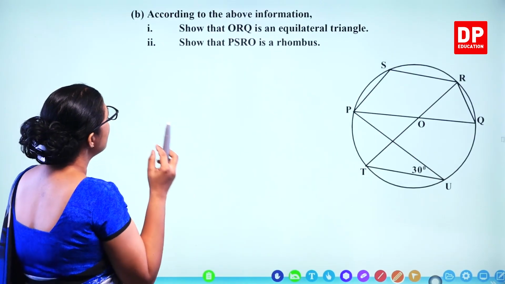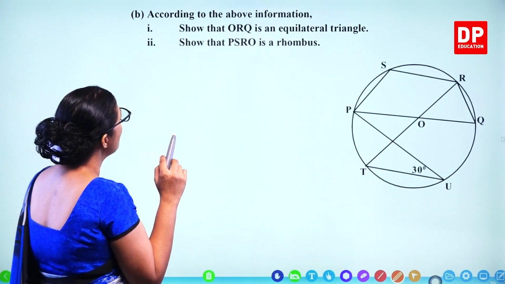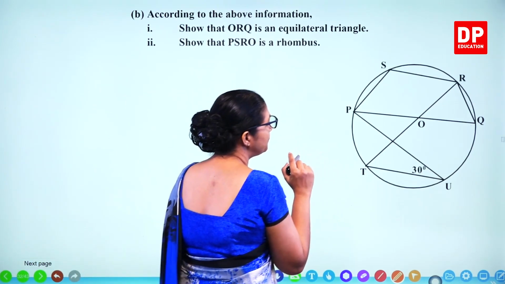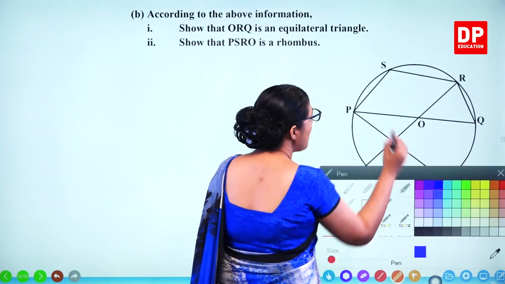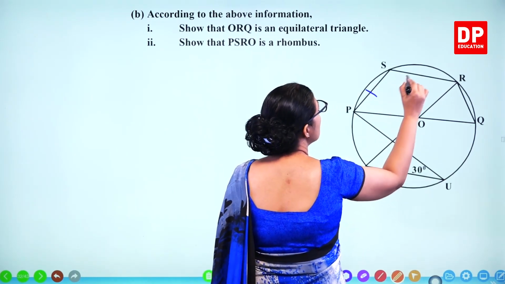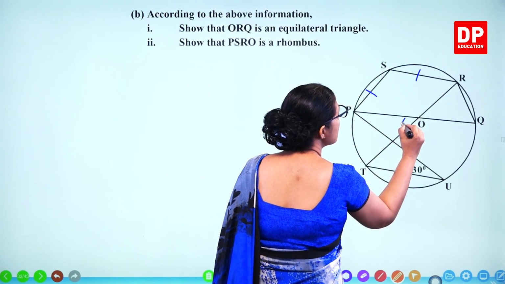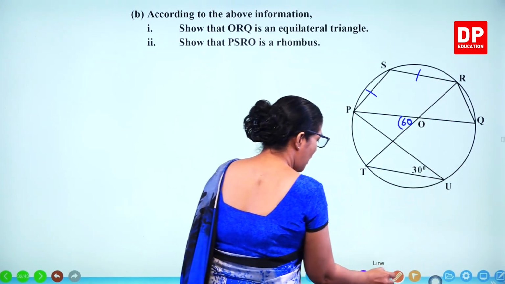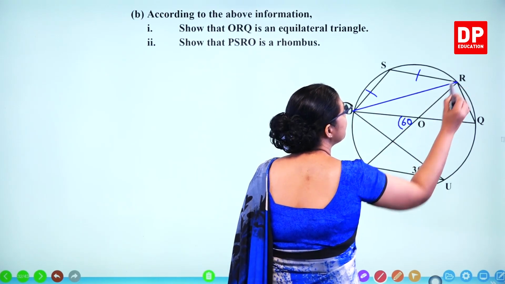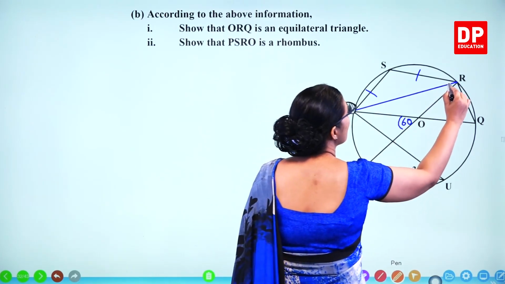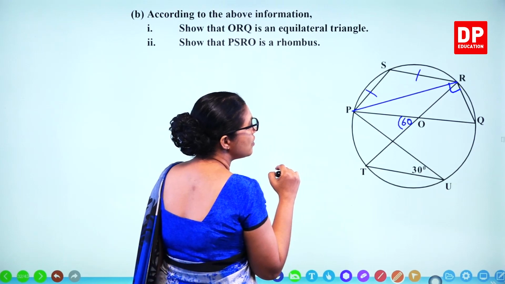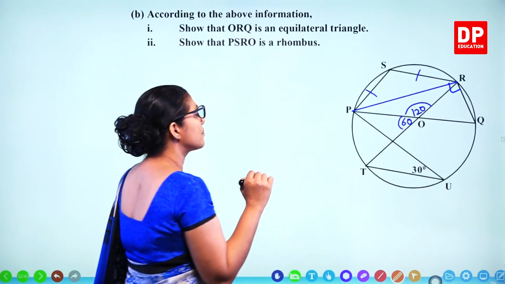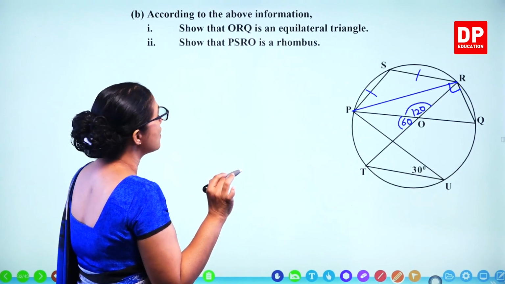Next one. According to the above information, show that ORQ is an equilateral triangle. We'll mark all the information that we marked before. This is 60, 30. This one we have to draw the line. And this is 90 we found. And this is 120. Those are the information.